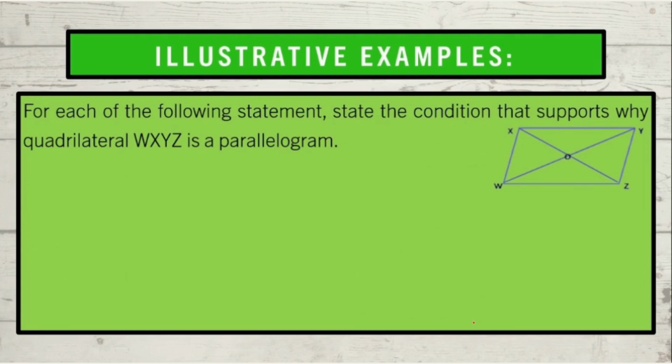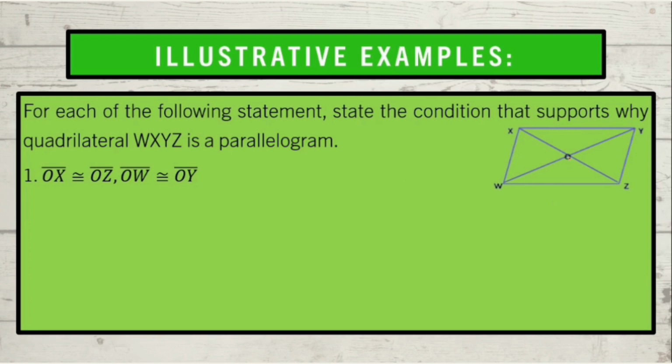For each of the following statements, state the condition that supports that quadrilateral WXYZ is a parallelogram. For the first one, it says that line segment OX is congruent to line segment OZ and line segment OW is congruent to line segment OY.